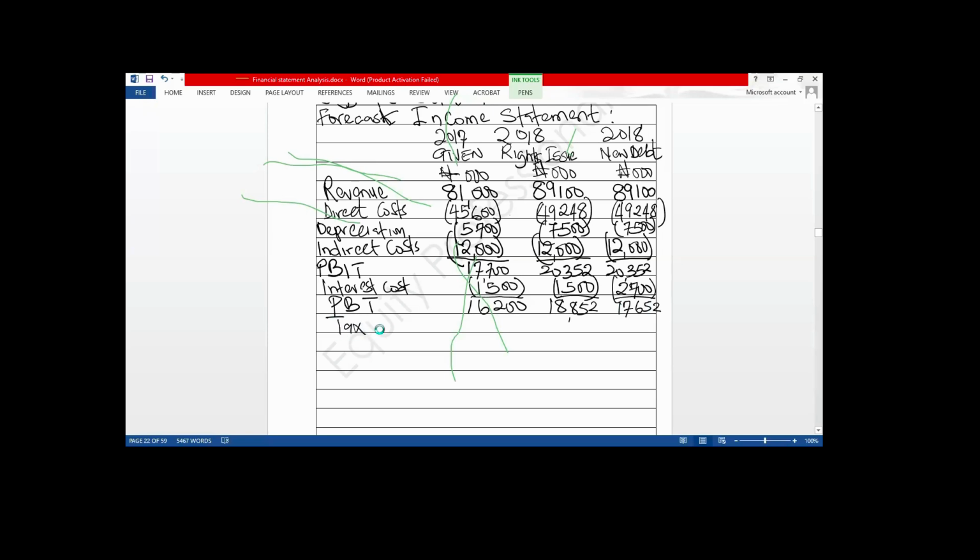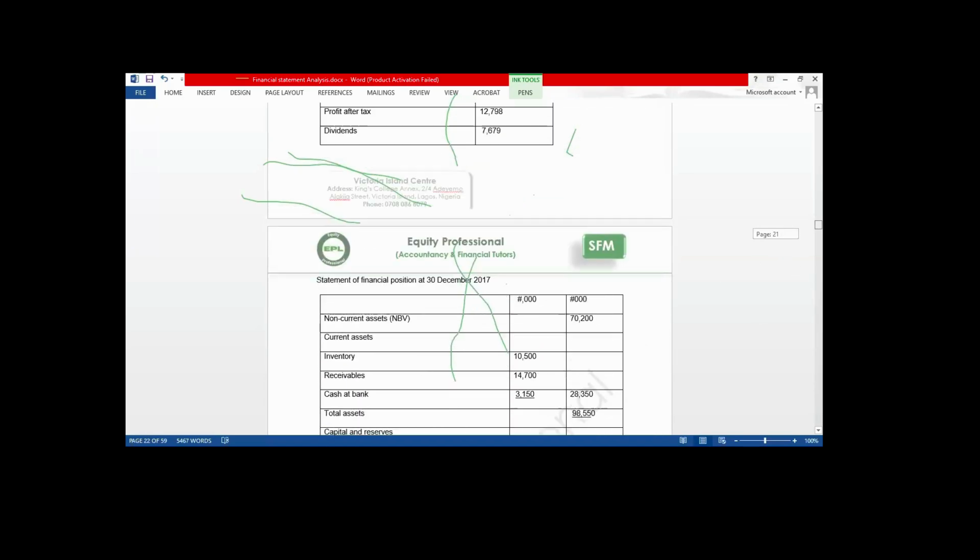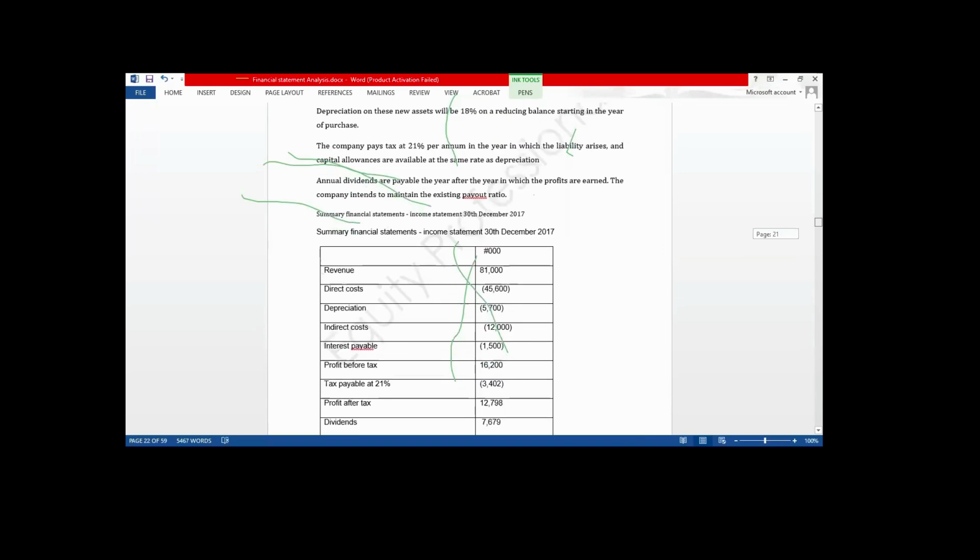Let us go back to the question. What is the tax position? Look at where we stop. The company paid tax at 21% per annum in the year in which the liability arises, and capital allowances are available at the rate of depreciation.